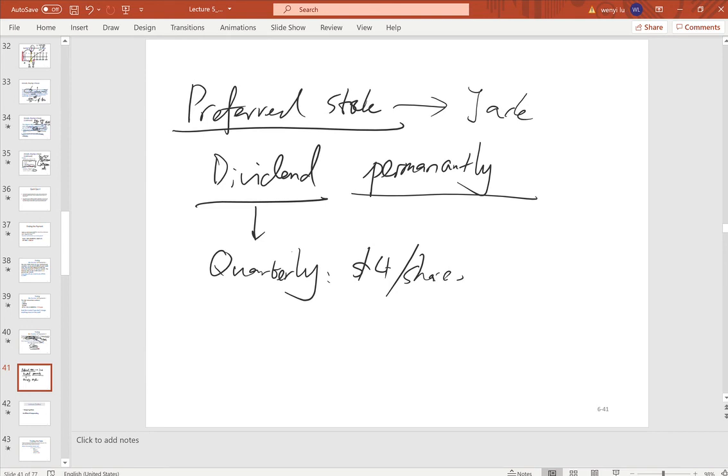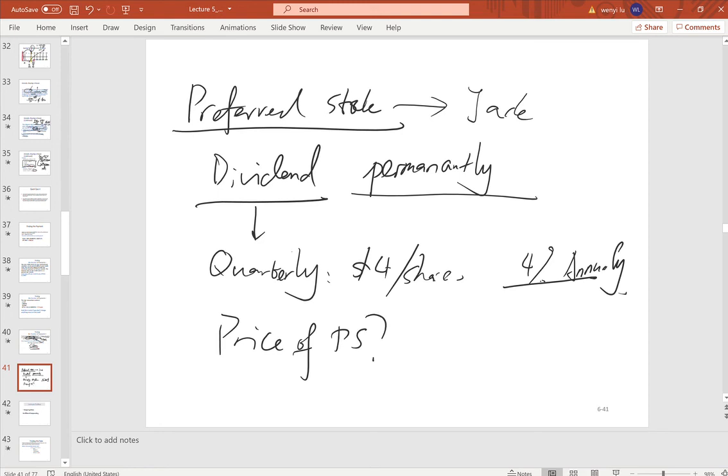The return of this preferred stock, or interest rate of this preferred stock, is 4% annually. My question is, what's the value of this preferred stock on today's market? Or you can say, what's the price of the preferred stock on today's market?